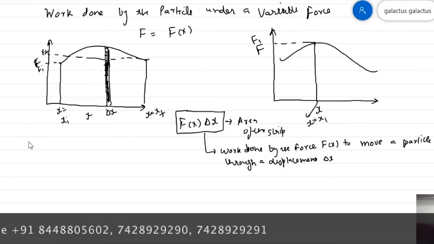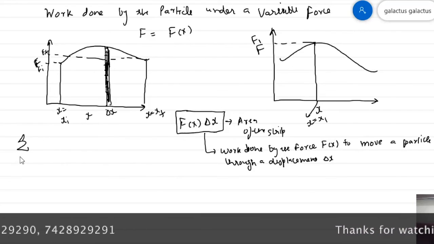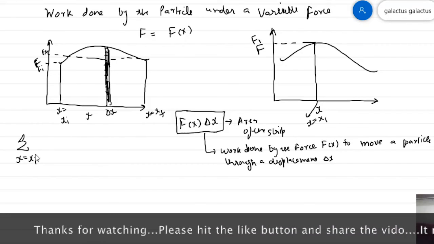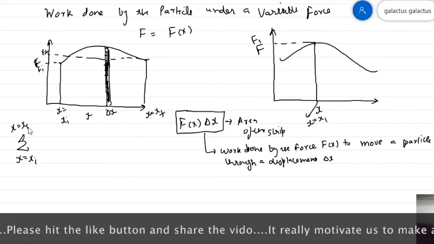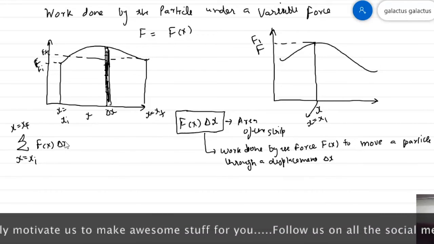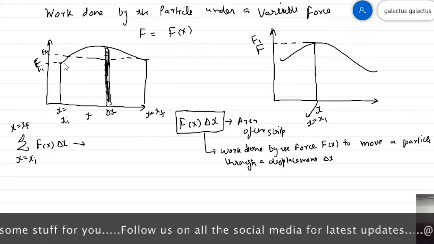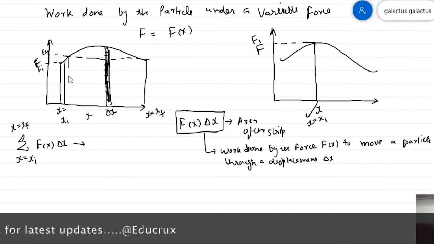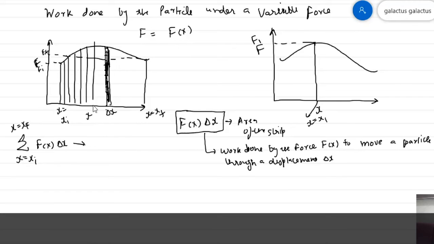So let us now see, if I do a summation from x equal to xi to x equal to xf of this quantity F(x) delta x, then I am taking the summation of all these vertical strips from the initial point to the final point.